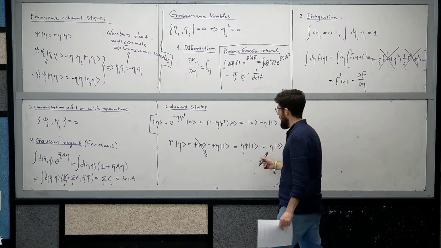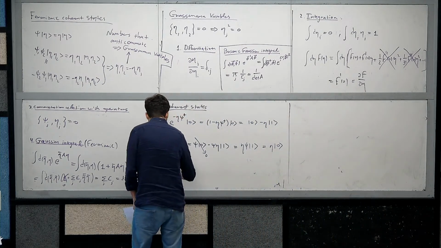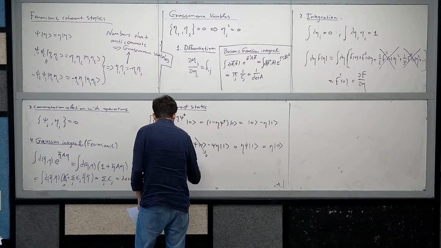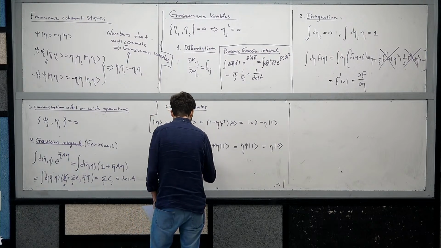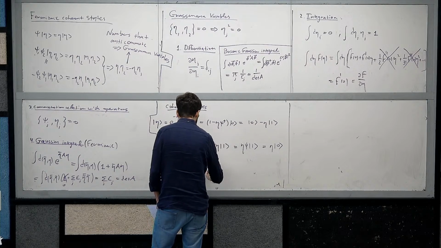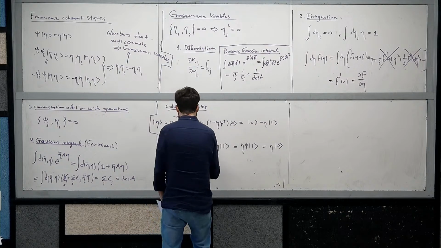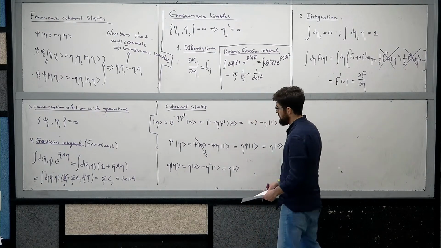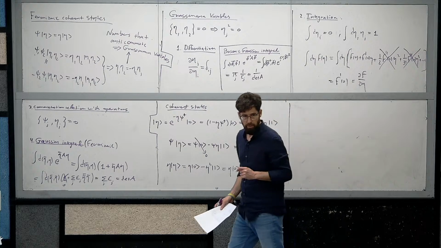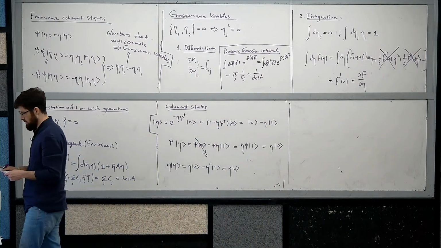On the other hand, if I look at eta times eta, that's like eta |0> minus eta squared |1>. But eta squared is 0, so that's eta |0>. So I see that indeed it gives me eta times |0>.